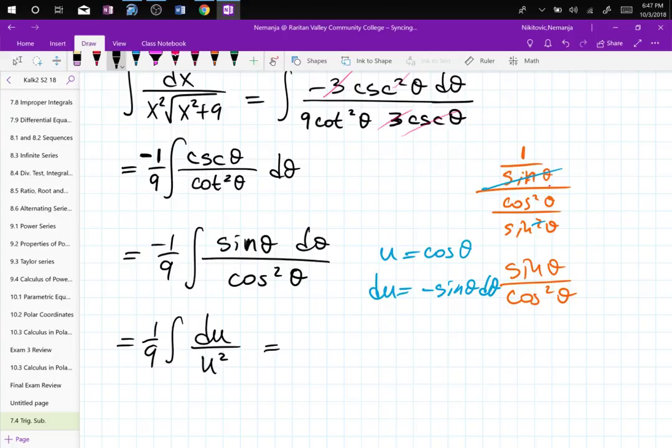What a roller coaster, right? Started with x's and radical expressions, then moved into trig, and now we're down to rational expressions, so yay, right? Integrating this becomes negative 1 over 9, again, 1 over u, plus c.